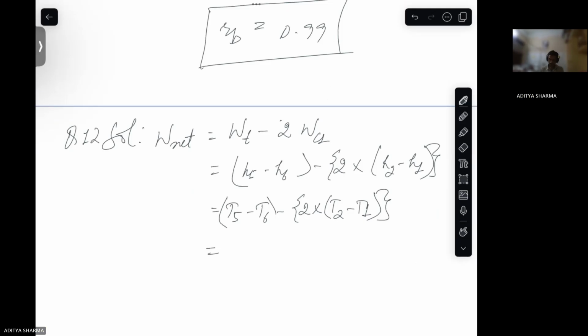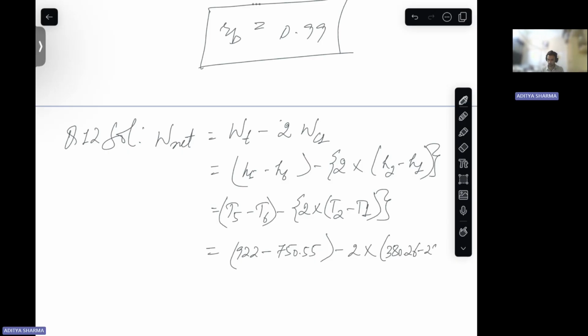Then 922 minus 750.55, minus 2 into 380.26 minus 295.